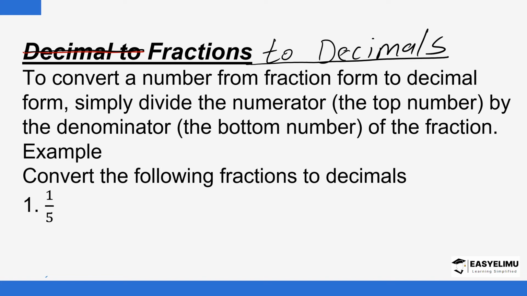There is a good example here where we're supposed to convert the following fractions to decimals. So this is how we're going to do it. Again, if you don't know how to do this, you can check our previous videos on this.